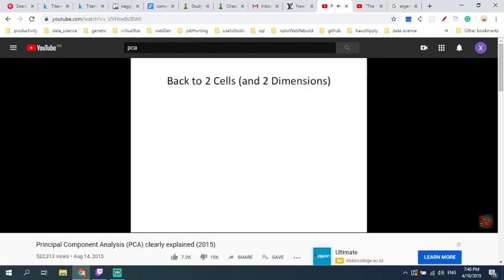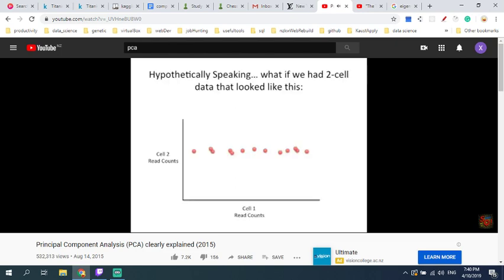To answer that question, we're going to go back to a data set that just has 2 cells and 2 dimensions. Hypothetically speaking, what if we had 2-cell data that looked like this? Here, we see that almost all of the variation in the data is from left to right. That is to say, cell 1 has some genes that are lowly transcribed and some genes that are highly transcribed. But it looks like all of cell 2's genes are transcribed at the same level.